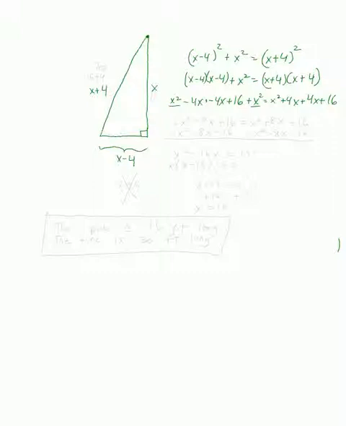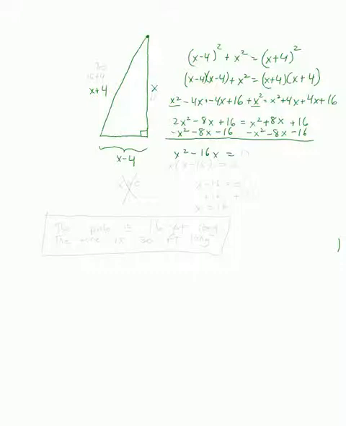Combine our like terms, we end up with 2x squared minus 8x plus 16 equals x squared plus 8x plus 16. Let's move everything to the left side. We move everything to the left side, we end up getting x squared minus 16x.